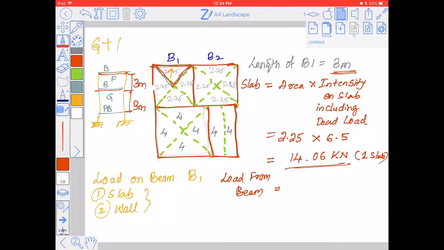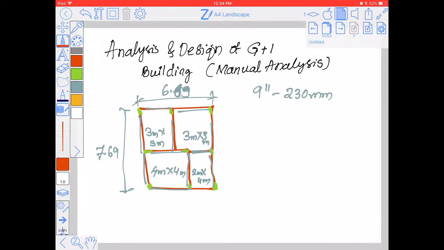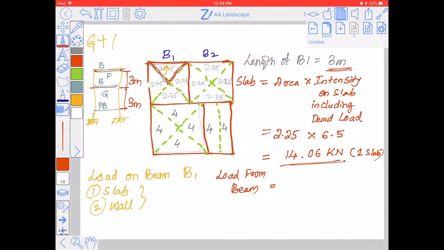So here I need to find out the load on the beam. As I said, all the walls are of 9-inch thickness, that is 230 mm, right? So the width of the wall is 0.23 and the total length is 3 meter.